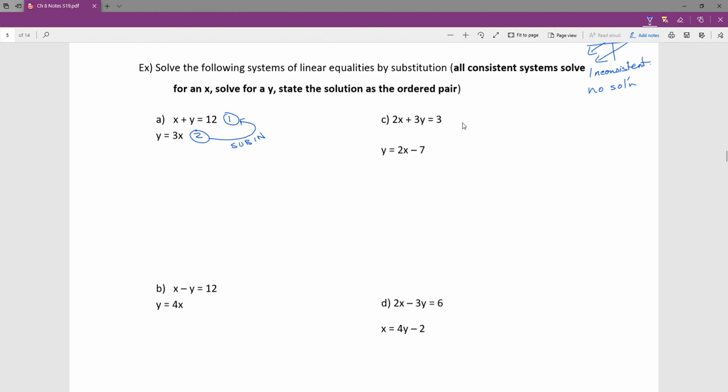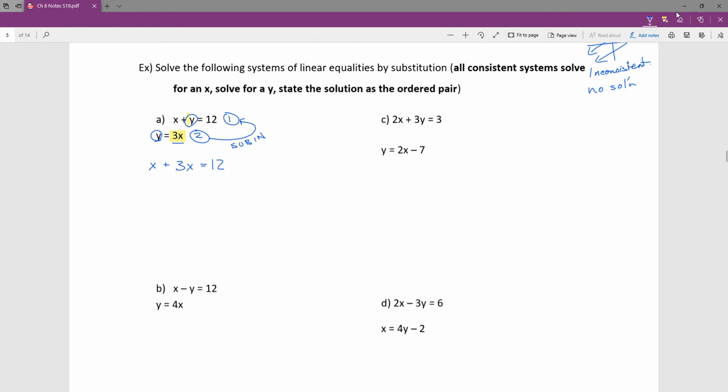And so what that means is that where I see a y in that first equation, I'm actually going to write 3x. And so I would rewrite equation 1 as x plus 3x equaling 12. All I did was replace that y value there with the 3x here, right? I'm subbing it in. Solving through substitution is the name of the game.